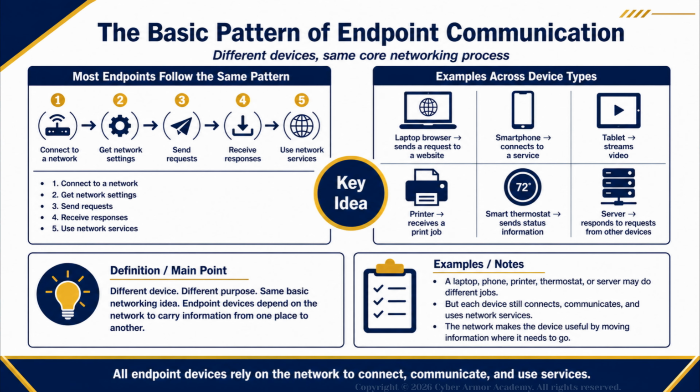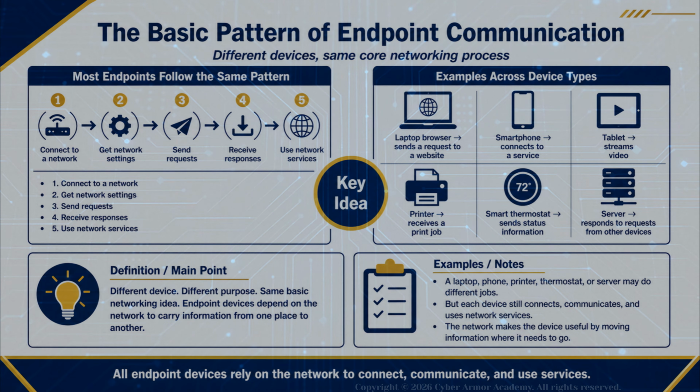A tablet streams video. A printer receives a print job. A smart thermostat sends status information. A server responds to requests from other devices. Different device, different purpose, same basic networking idea. They all depend on the network to carry information from one place to another.